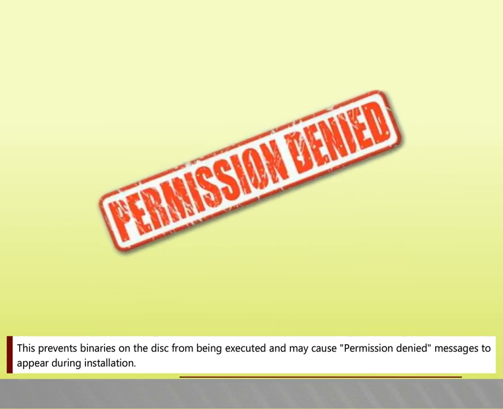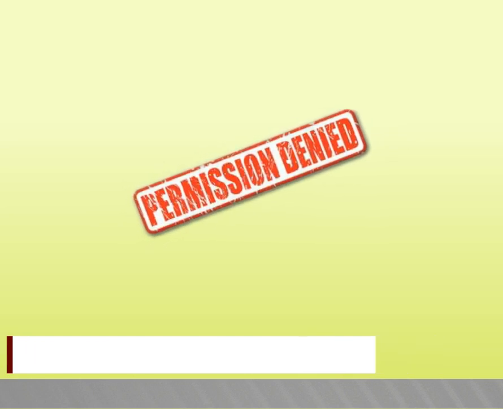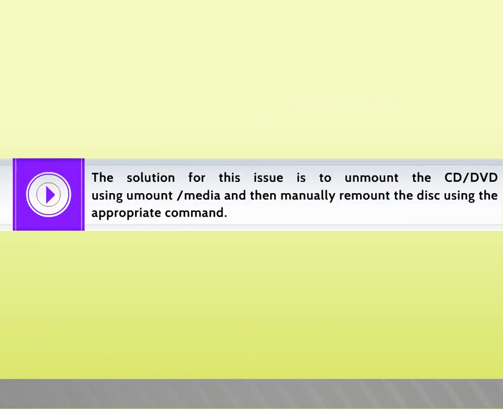This prevents binaries on the disk from being executed and may cause permission denied messages to appear during installation. The solution for this issue is to unmount the CD or DVD using umount /media and then manually remount the disk using the appropriate command shown in the table.